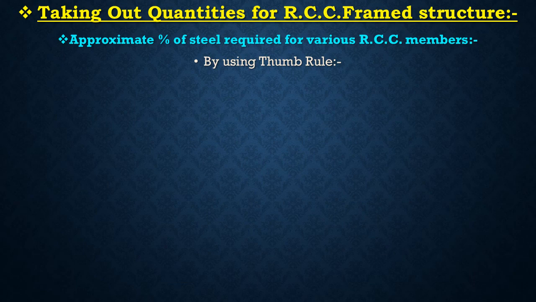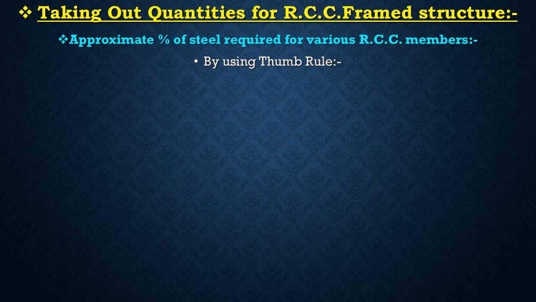Mostly the quantity of reinforcement is calculated referring to the detailed RCC drawing, but in the absence of detailed RCC drawing, before execution of work, a percentage of steel reinforcement is assumed. The percentage of steel reinforcement is assumed on the basis of volume of concrete. So here is the thumb rule to calculate the steel quantity required for slab, beam, footing and columns.